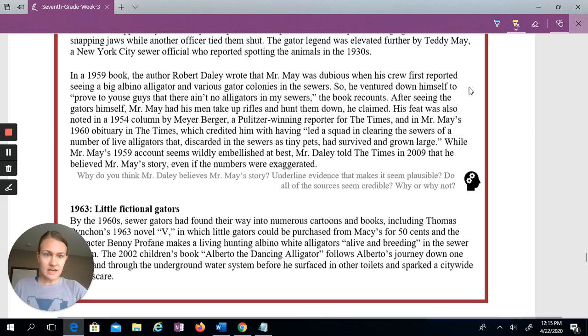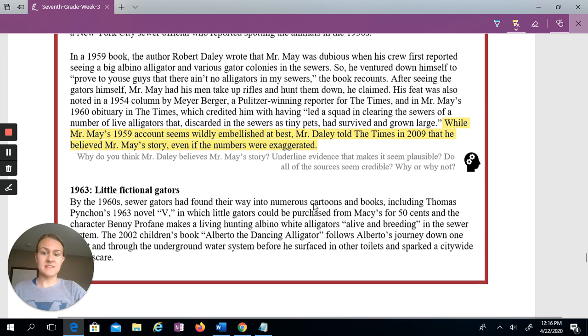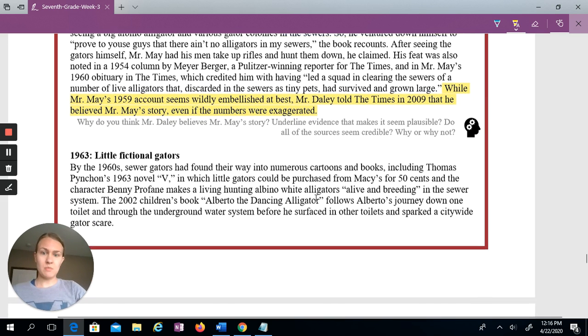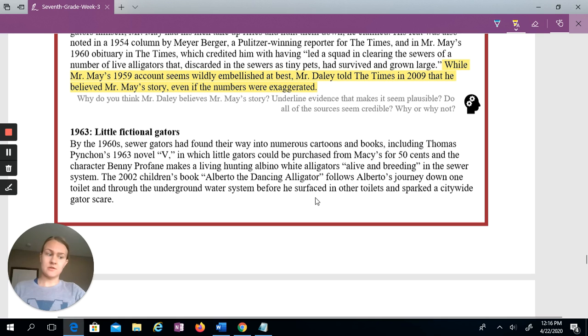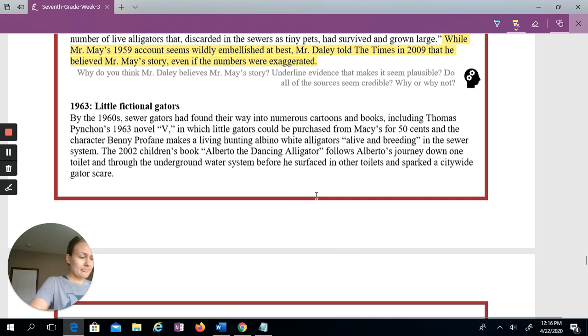Okay, so again, we're seeing that there are alligators in the sewer system, but the amount people are saying are in the sewer system is exaggerated.